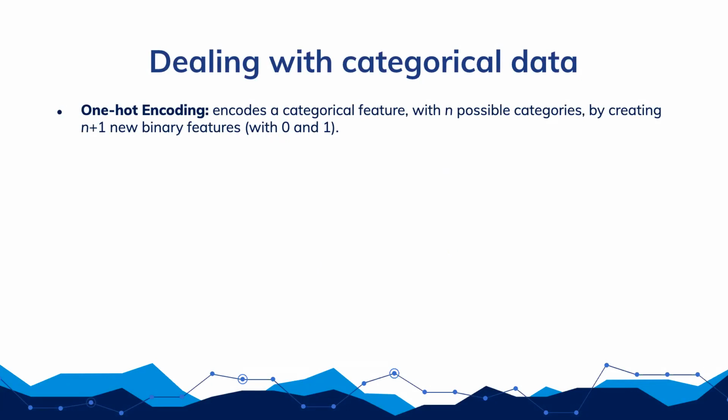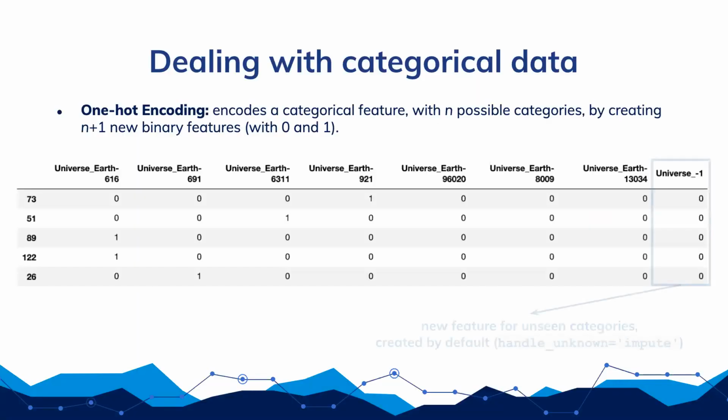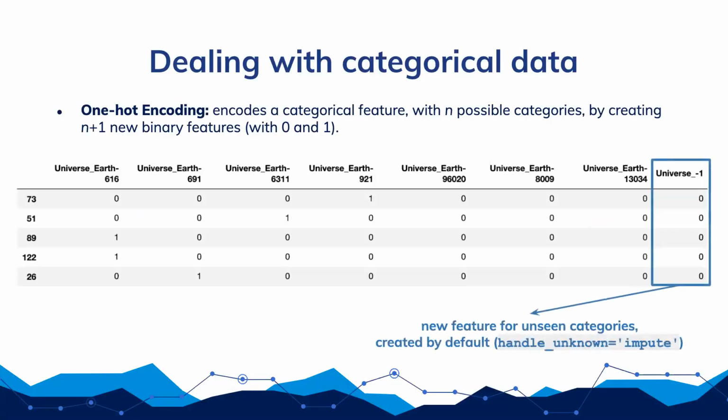And here, the output, instead of being just one more column, will be, if you have n possible categories in your field, now you'll have n+1 new fields here. And the way we do it is very simple. And let me just show you the result, and I'll show you the code again.